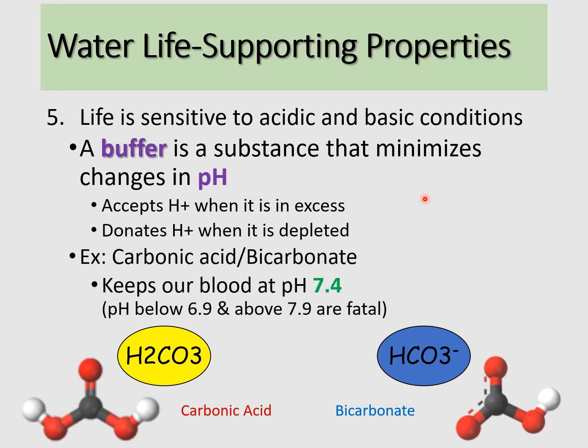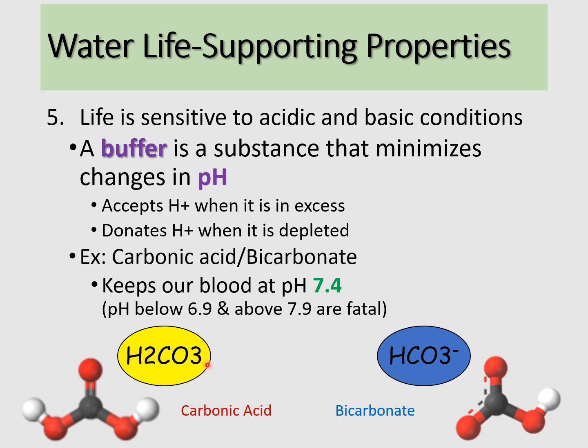And then it's going to donate hydrogen when there's not enough hydrogen, so when it's more basic, okay? So our example of a great buffer is carbonic acid, which can then turn into bicarbonate.